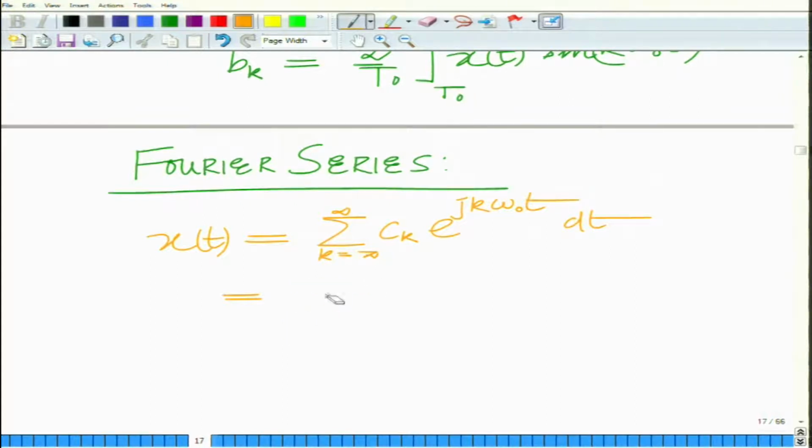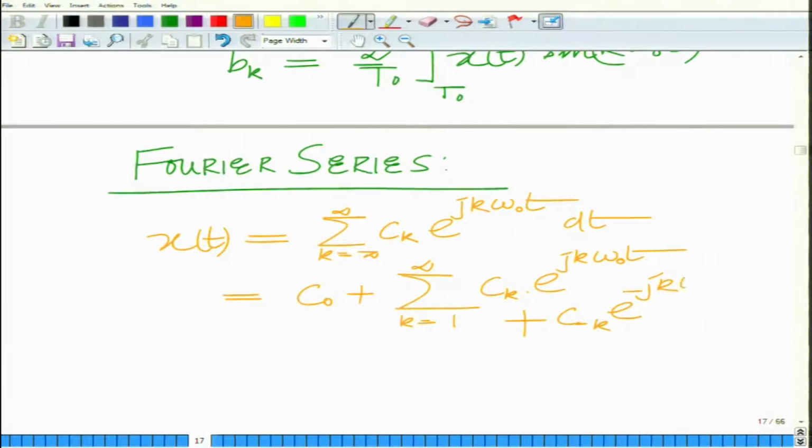Let us first isolate the term corresponding to k equal to 0. So, that is c naught plus summation, now for each k that is non-zero you have two terms, one is c k e raised to j k omega naught t plus the other is c minus k e raised to minus j k omega naught t.